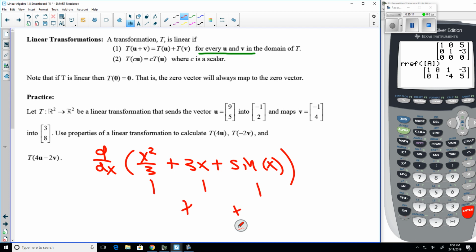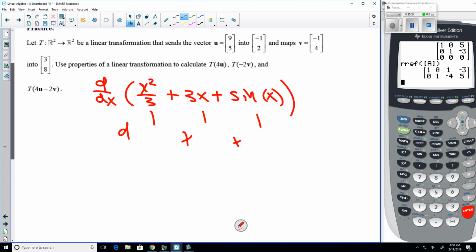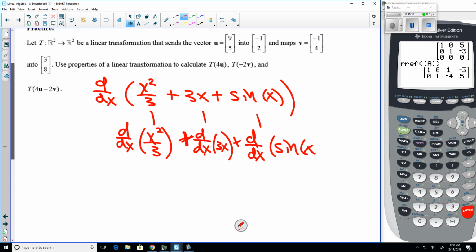So you would take the derivative of this plus the derivative of this plus the derivative of this. What is that? 2/3 x plus 3 plus cosine. Hey, I can do calculus.